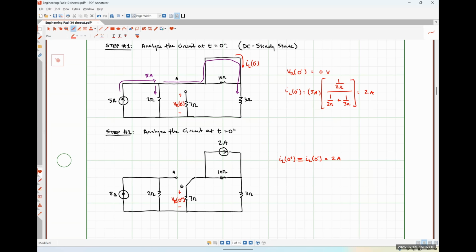So directly in parallel with the 2 amp source, we have a 10 ohm resistor. In fact, I'm going to identify my nodes here really quickly. Maybe it'll jump out at you if I help out with that. So here's one node.